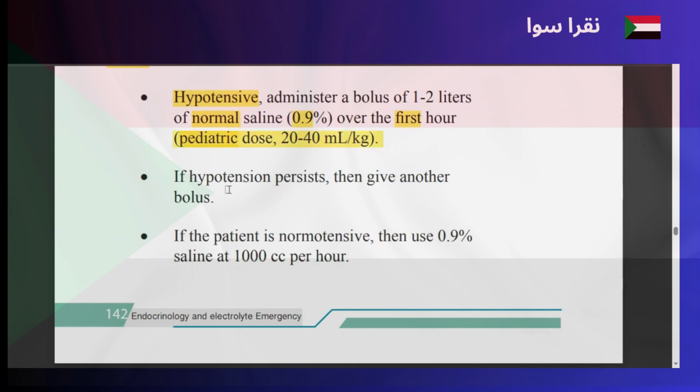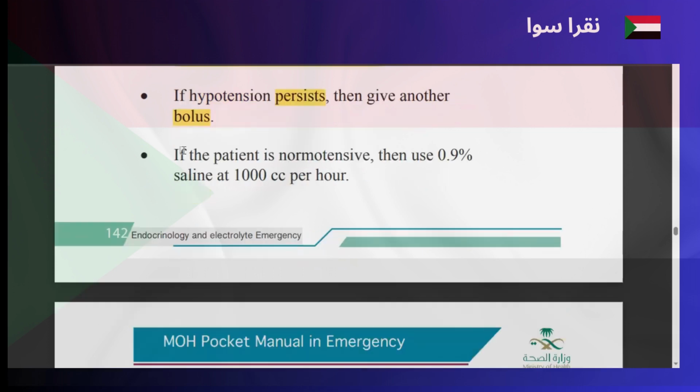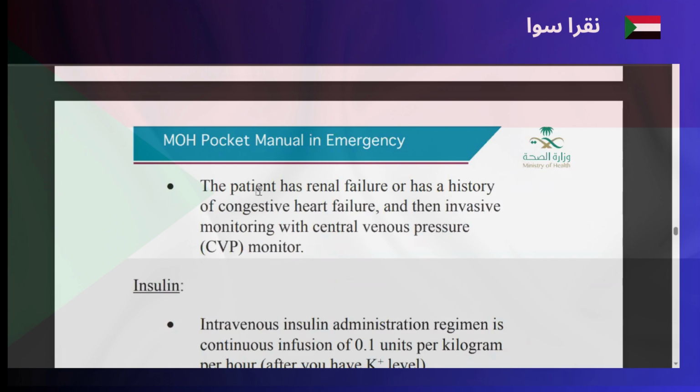If hypotension persists, then give another bolus. If the patient is normotensive, then use 0.9% saline at 1000 cc per hour. If the patient has renal failure or a history of congestive heart failure, then use invasive monitoring with a central venous pressure monitor.